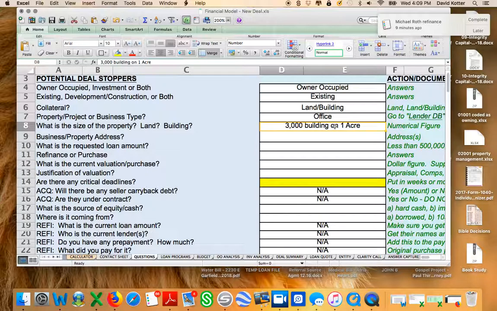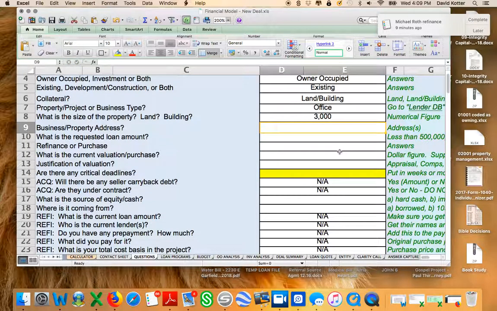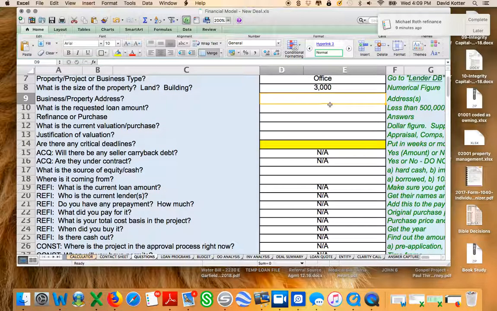So a lot of times you want to try to keep this numerical because it has calculations. As we continue to go down, you want to put the property address, so 1234 East Hillary Lane in Phoenix, Arizona, and the zip 85006. So we'll just put that in there.